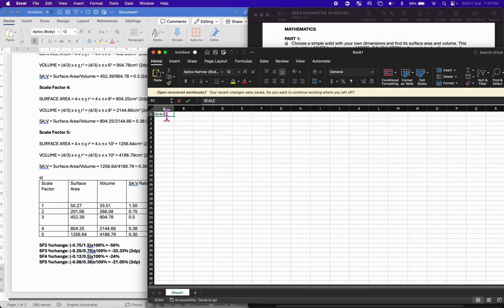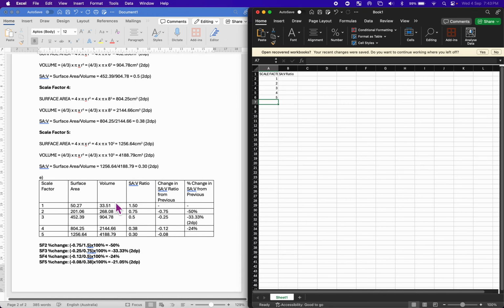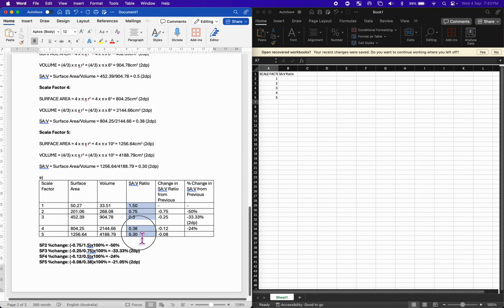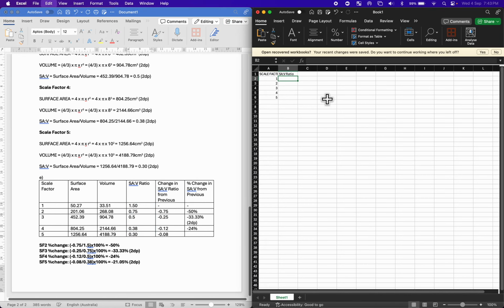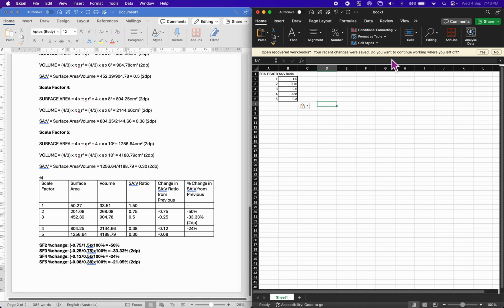So scale factor, SAV ratio, 1, 2, 3, 4, 5. The SAV ratio, let's see if I can copy and paste this into here. Oh wow, yes I can.